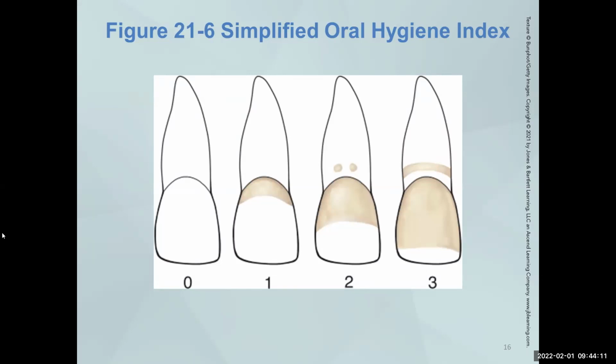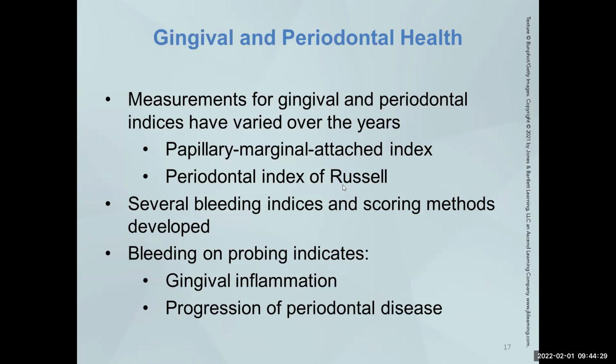So the simplified takes very specific teeth. So if there's a 0 for calculus, there's no calculus, versus a 3, oy vey. So I want you to get a feel for these, all right?